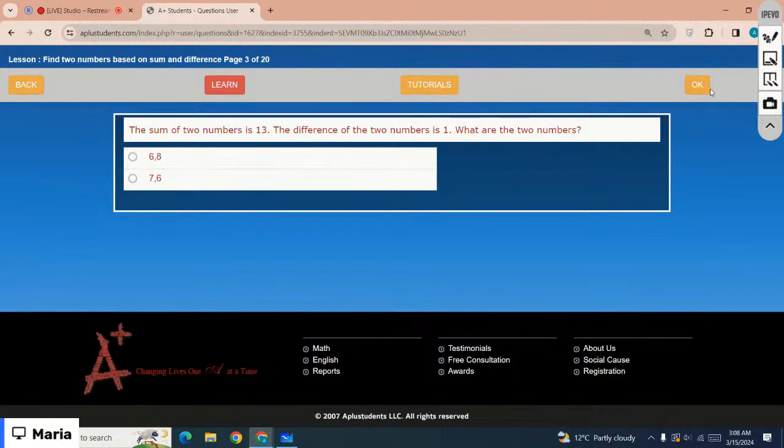Yes, the correct option is 7 and 6, right? When you add them, they make 13, and when you subtract them, they make 1. So the correct option is 7 and 6. Very good. Okay, the sum of the two numbers is 15. Their difference is 1.